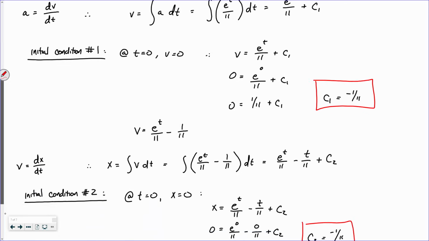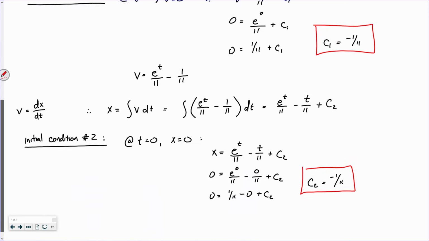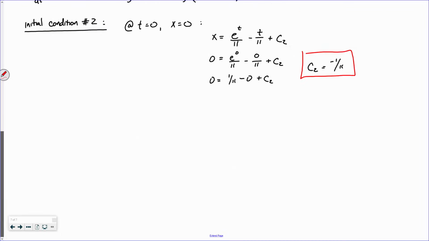All right. Okay. So therefore, x of t is the following: e to the t over 11 minus t over 11 minus 1 over 11. Fair point? Everything's divided by 11.